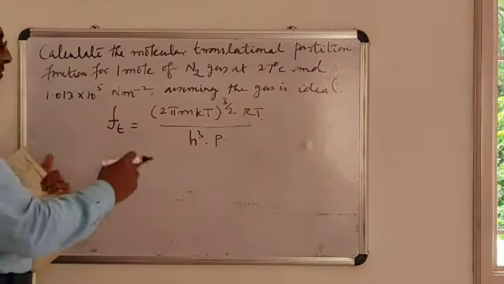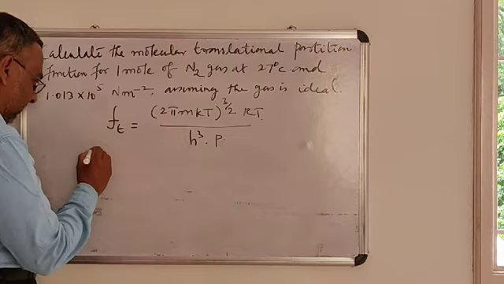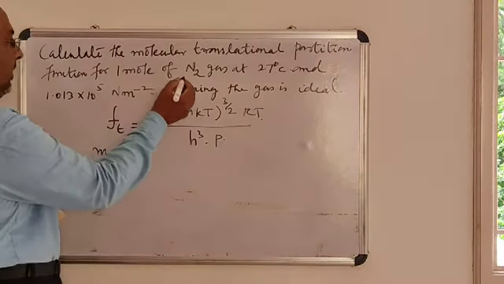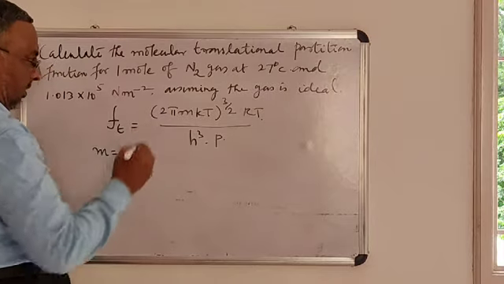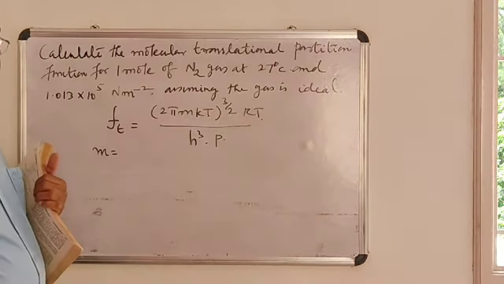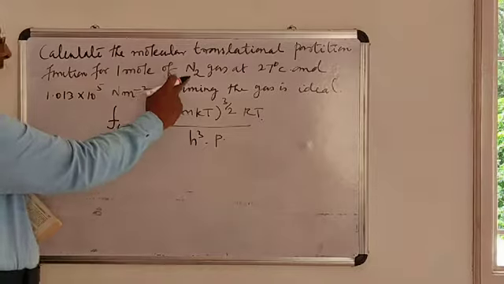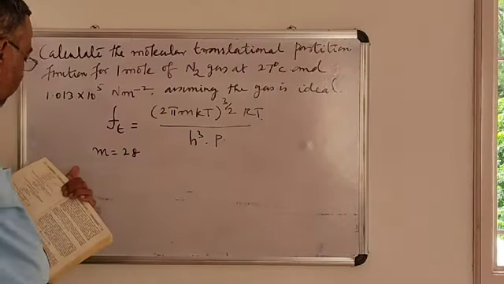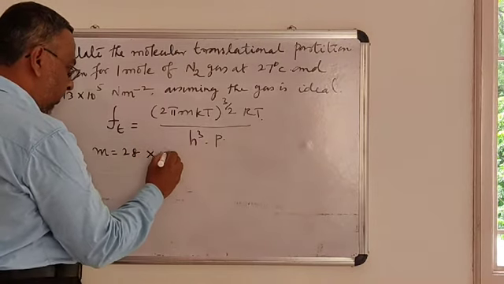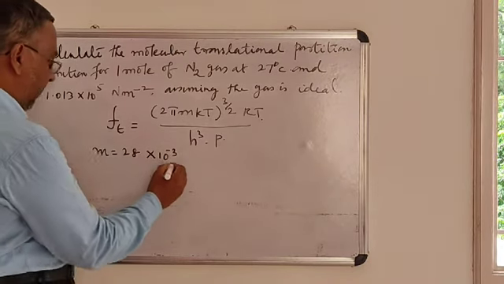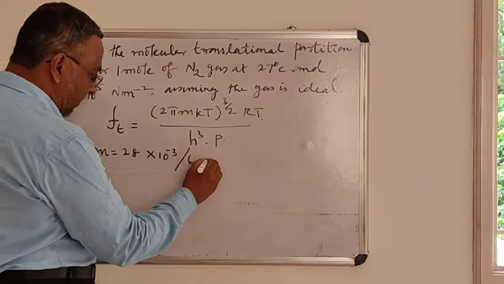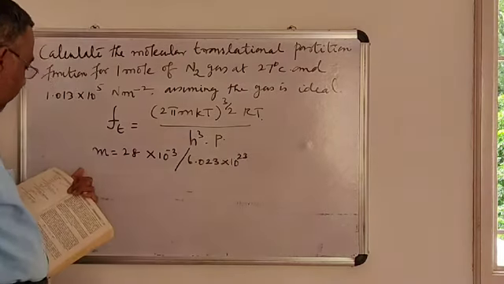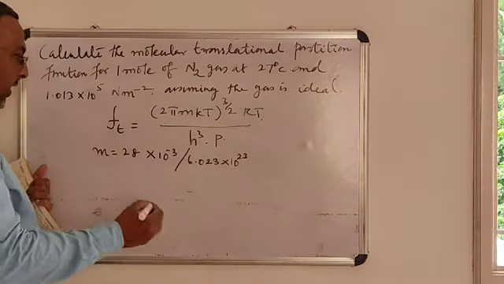First, what is the mass of a nitrogen gas molecule? The mass is taken as 28, because the atomic mass of nitrogen is 14 and nitrogen gas in molecular form is 28, into 10 to the power of minus 3, divided by Avogadro number 6.023 into 10 to the power of 23.